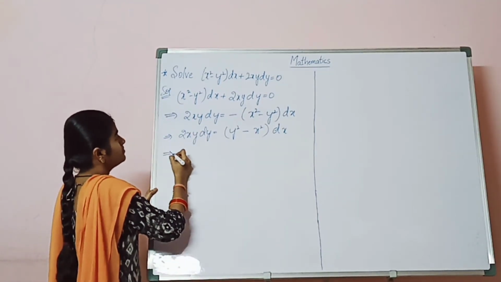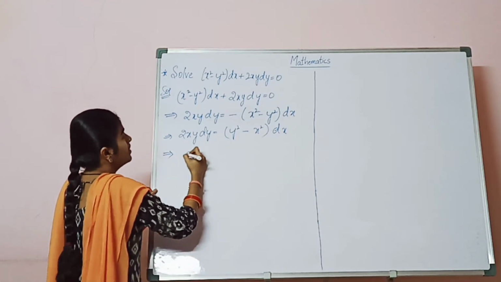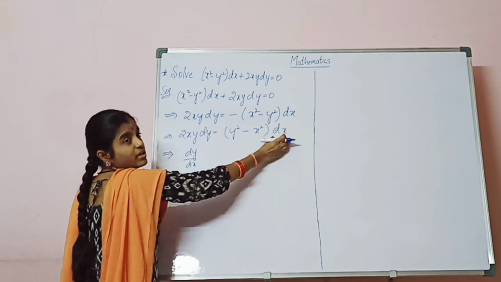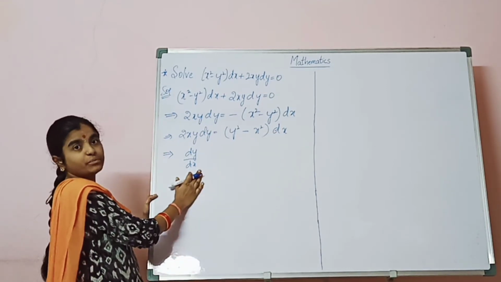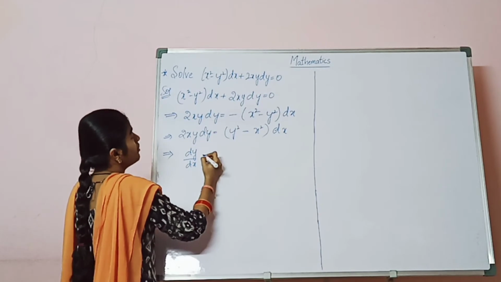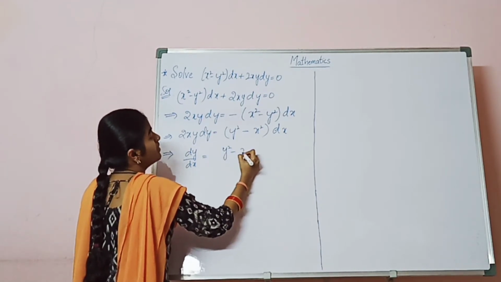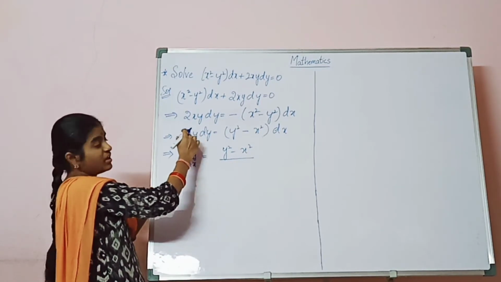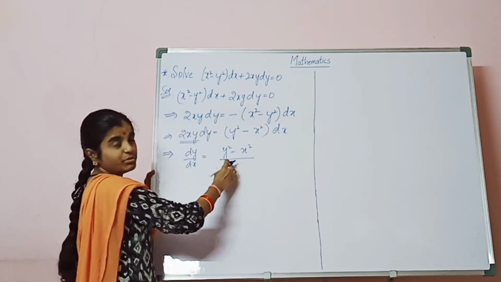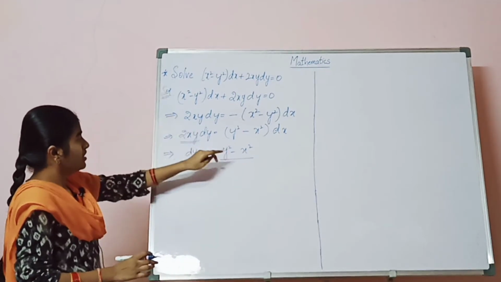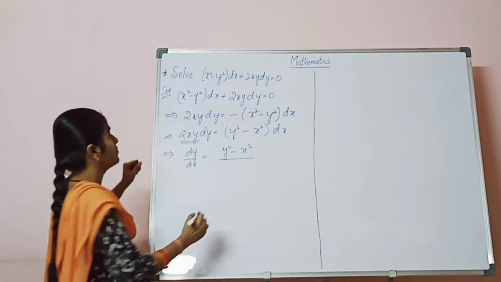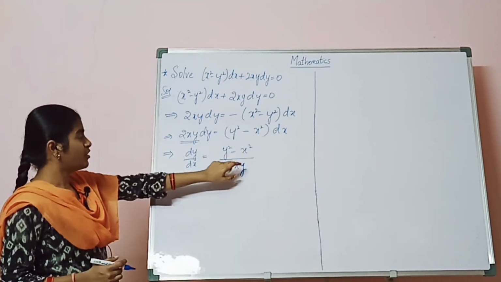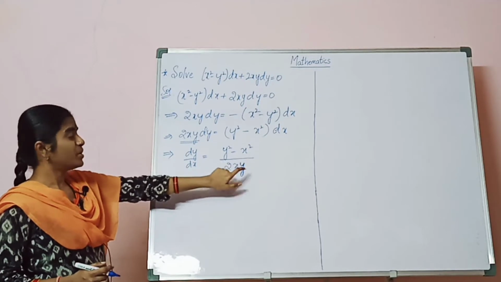That implies dy by dx equals y square minus x square by 2xy. Since the 2xy goes to the other side, multiplication becomes division by 2xy.